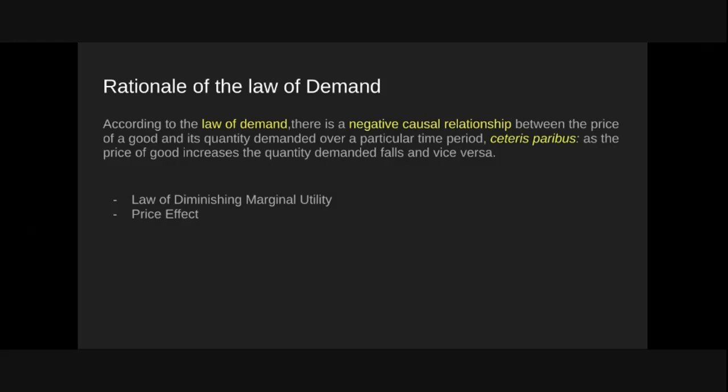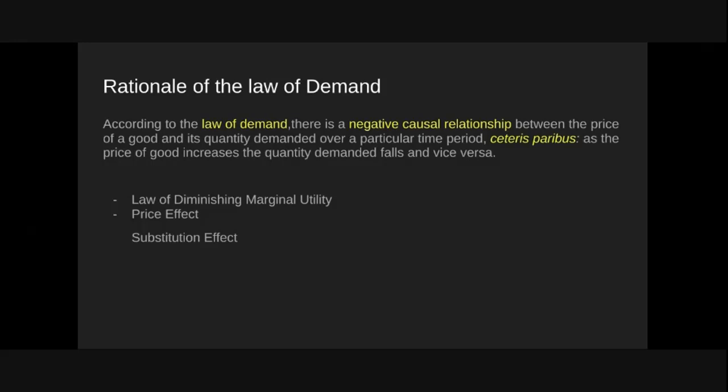And if we look at other effects, there is a substitution effect, which we've already seen. If the price of a substitute good falls, say for example tea and coffee, if the price of coffee falls, then one would obviously go for coffee rather than tea, and so on.